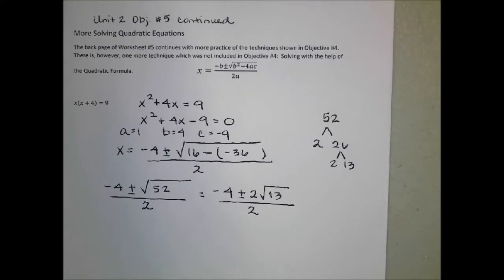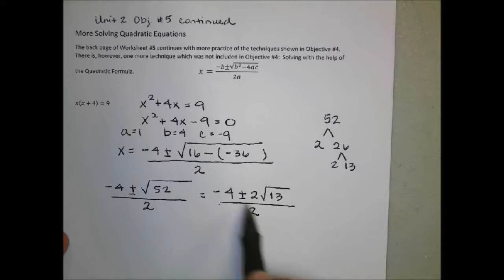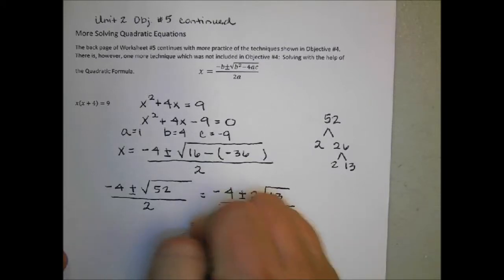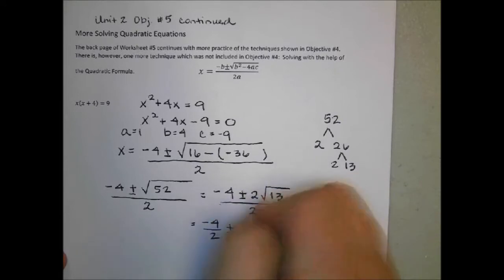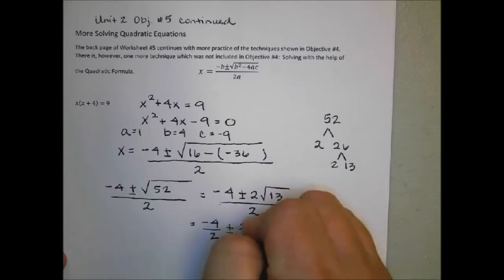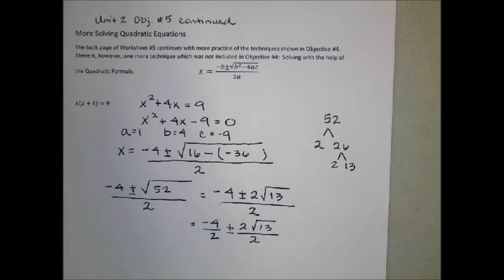Now we just need to simplify this. The entire fraction is over 2. So I'm going to give both parts of this 2 as the denominator. Negative 4 over 2 plus or minus 2 root 13 over 2.